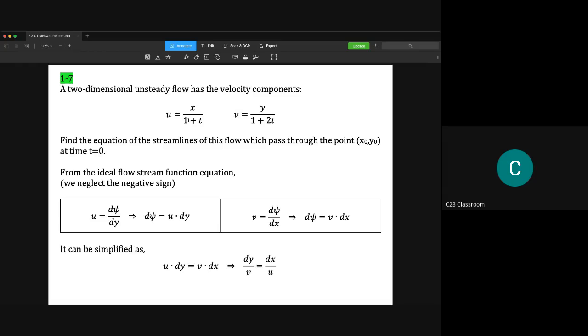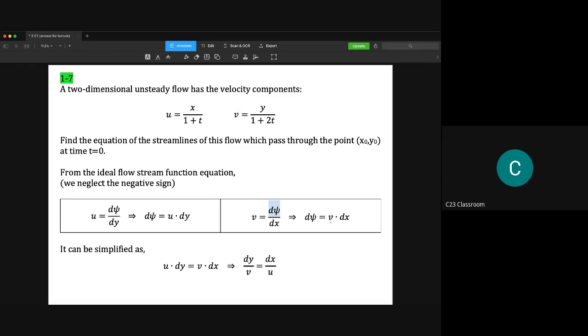Because we have u and v here, we are aiming to get the value of psi. We could rearrange this equation into psi: u times dy and v times dx.